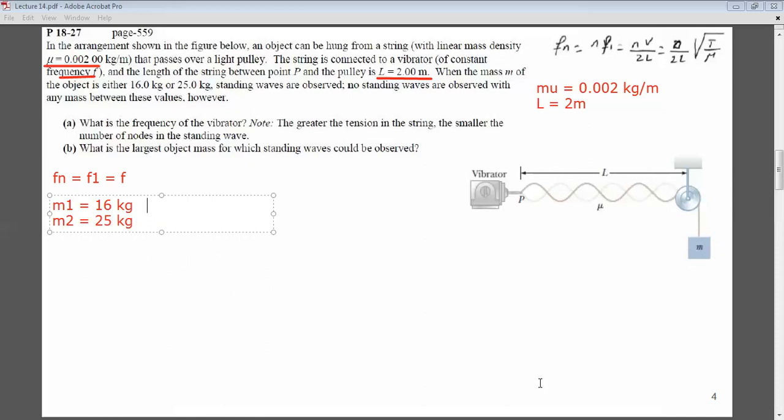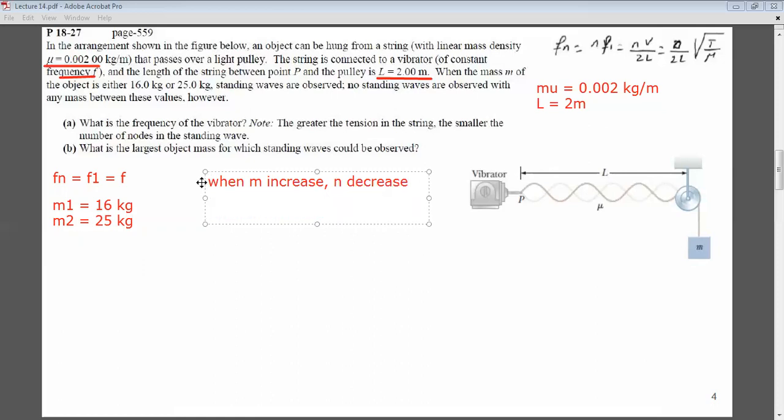When I increased the mass, I saw fewer antinodes. So if in case of M1, I saw 3, in case of M2, I will be seeing 2. Why is it, when M increases, n decreases? We're going to show this together.